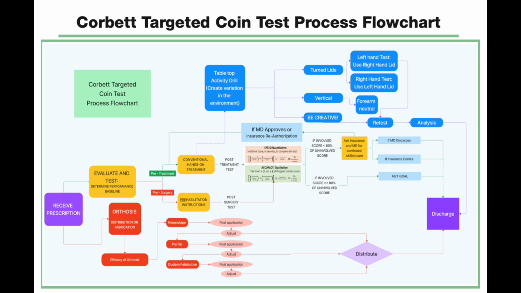I have constructed a flowchart for your consideration of the Corbett Targeted Coin Test in a clinic setting. I would like to take you through several hypothetical implementations of the Corbett Targeted Coin Test after referral for therapy, orthosis evaluation and distribution process, as well as in-clinic treatment drills for specific diagnostic groups.